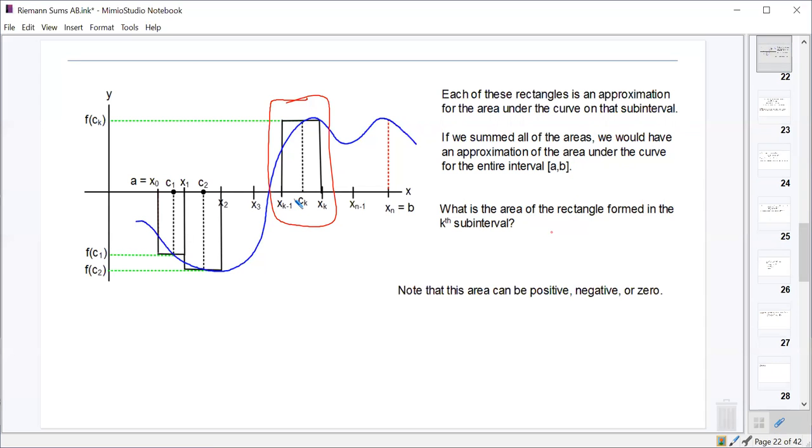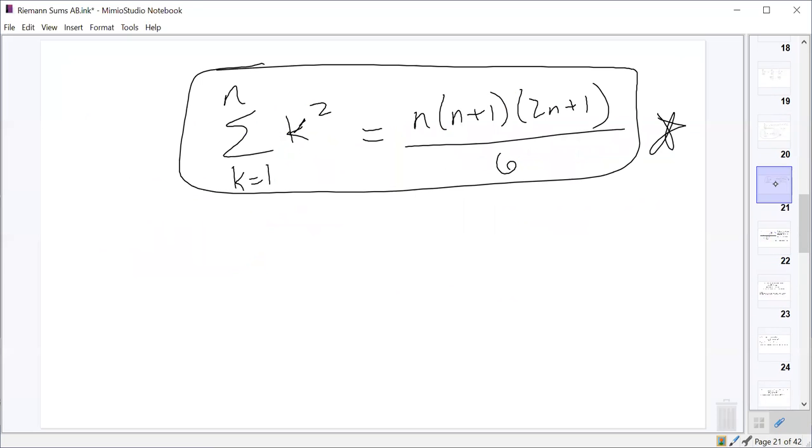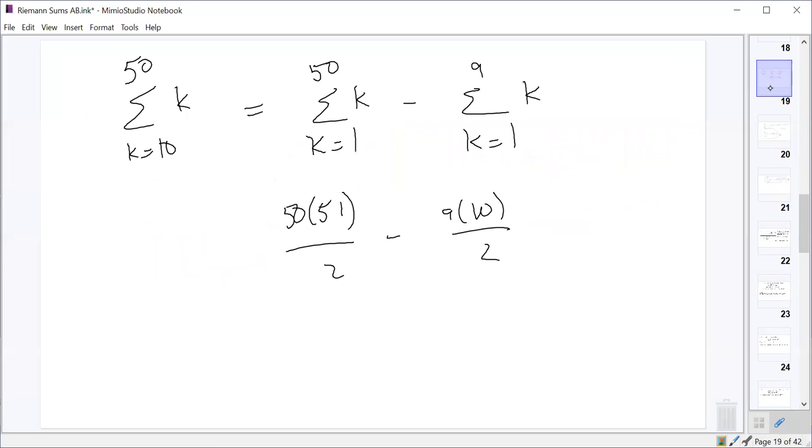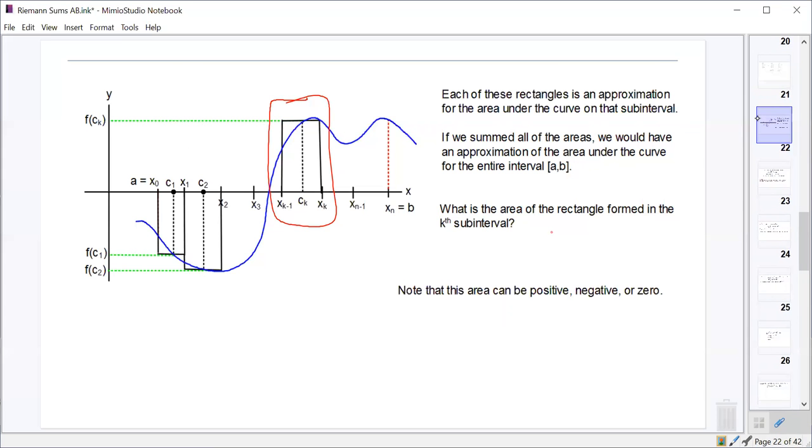We found the area of each one and summed them all together. Well, doesn't that sort of sound like a summation? Yes, we're summing together a bunch of areas.